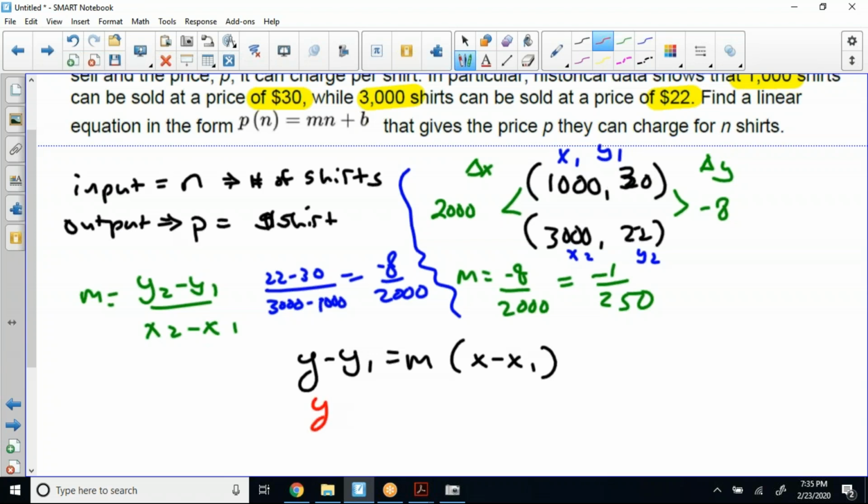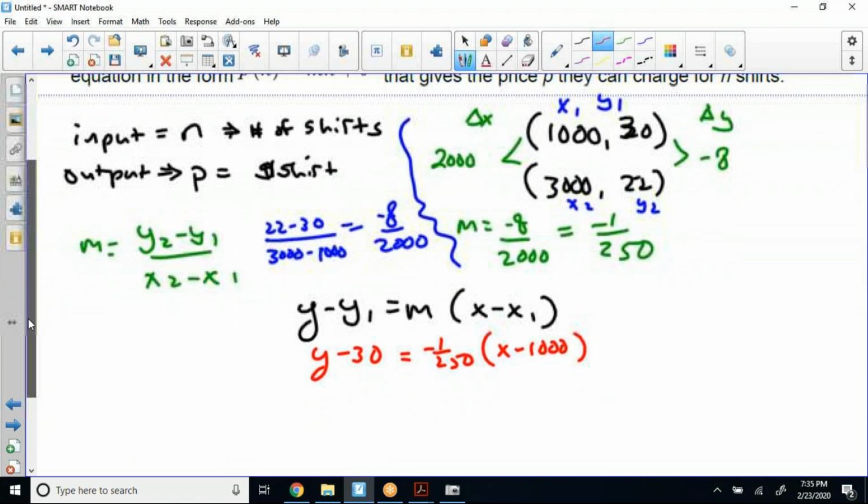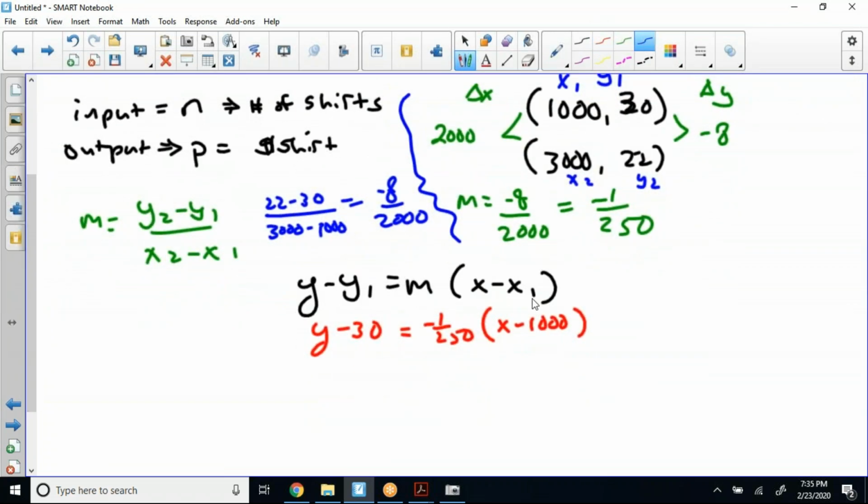So that would be y minus 30, because 30 is positive up here, equals -1 over 250 times x minus 1,000, right? If we distribute this, we get -1 over 250 x, times -1,000, which would just be plus 4.